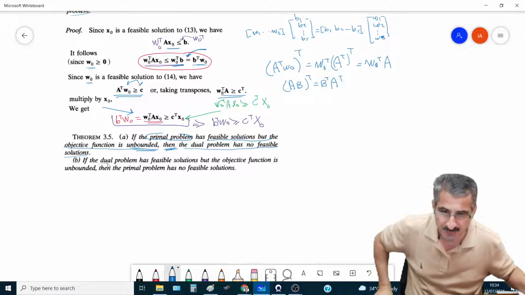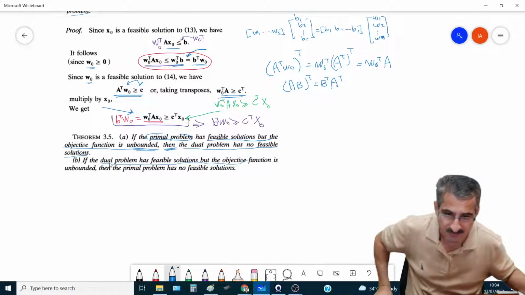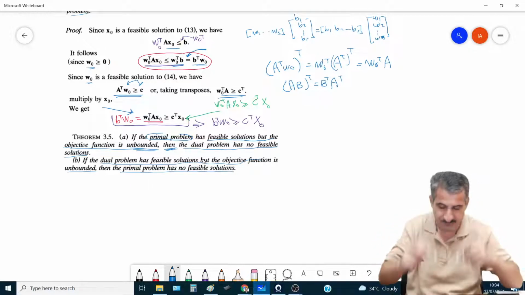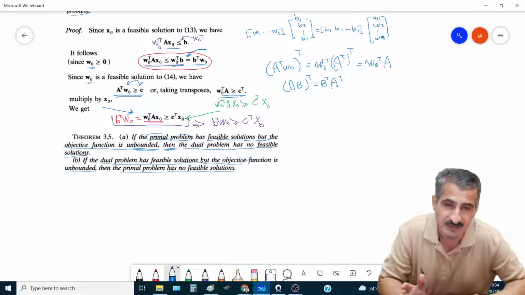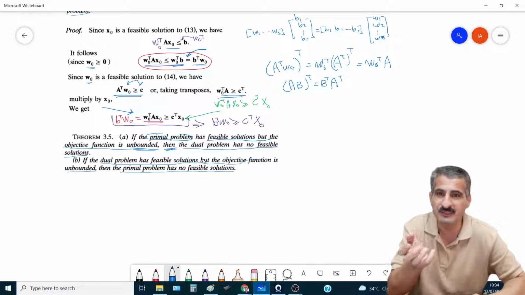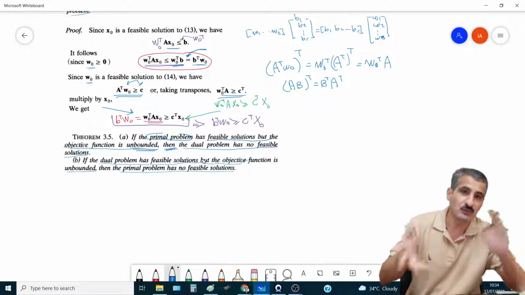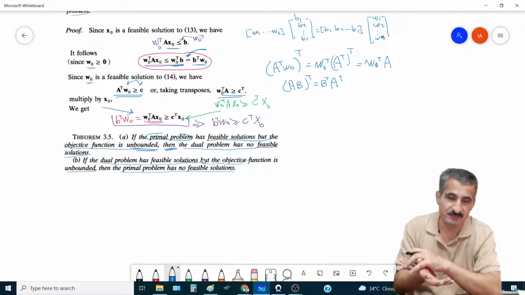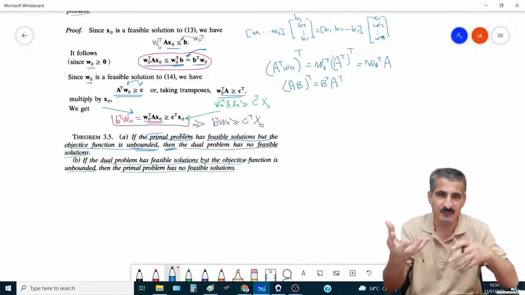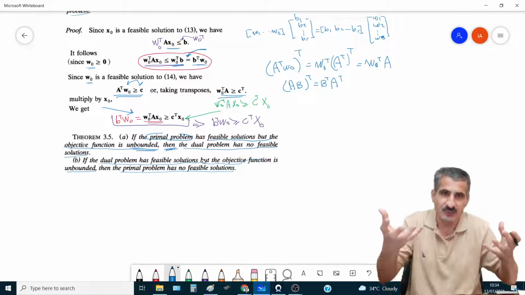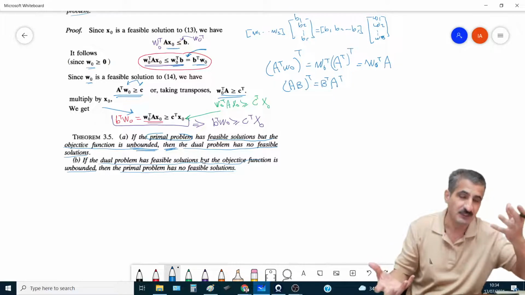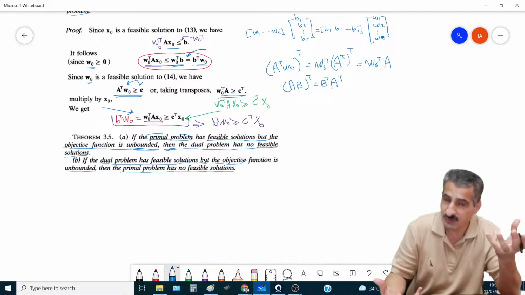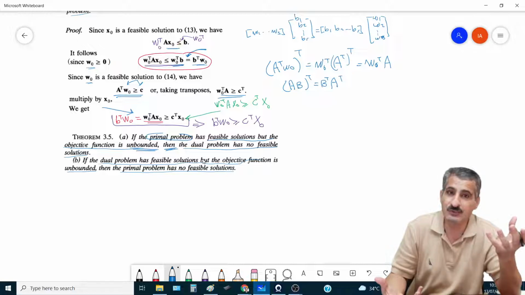Now we go the opposite. If the dual problem has a feasible solution but the objective function is unbounded, then the primal problem has no feasible solution. This is going conversely, right? You remember the theorem we learned last time, which says the dual of the dual is the original problem. So when you have a primal problem and a dual problem, you can look at them from the other side, considering the dual to be the original problem.